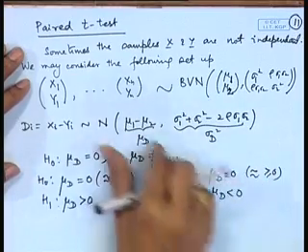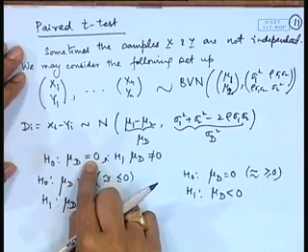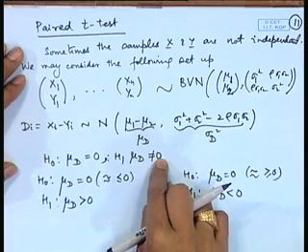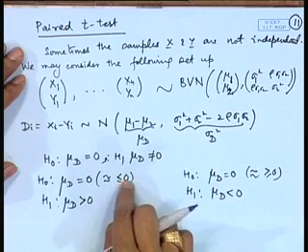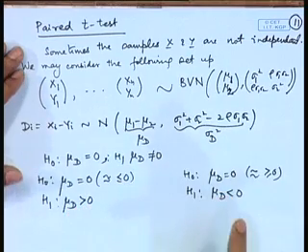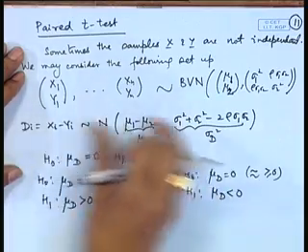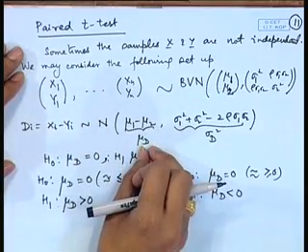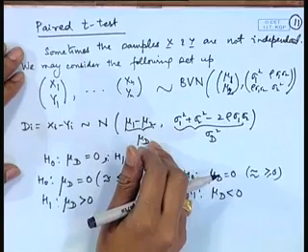Because these hypotheses are now equivalent to, for example, mu 1 is equal to mu 2, this is equivalent to mu 1 not equal to mu 2, this is equivalent to mu 1 less than or equal to mu 2, this is equivalent to mu 1 greater than mu 2, etc. Now, this model again reduces to the model which we considered for one population, that means testing for the mean of a normal distribution, and we know that there is a t test for that.